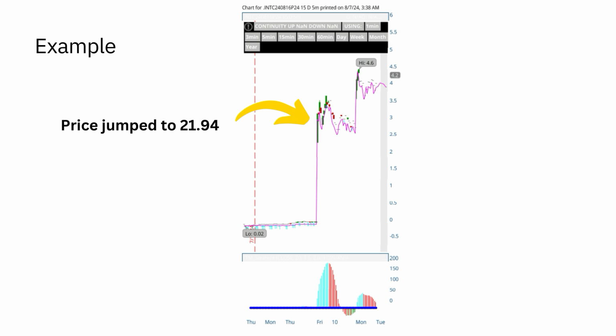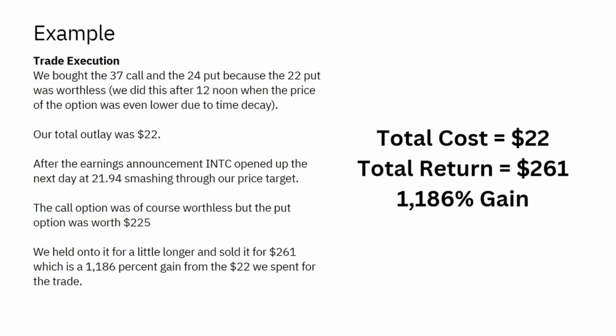The call option was of course worthless, but the put option was worth $225. We held on to it for a little longer and sold it for $261, which is a 1,186% gain from the $22 we spent for the trade.